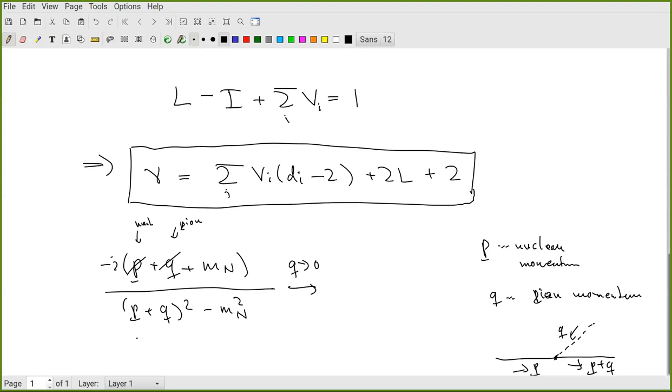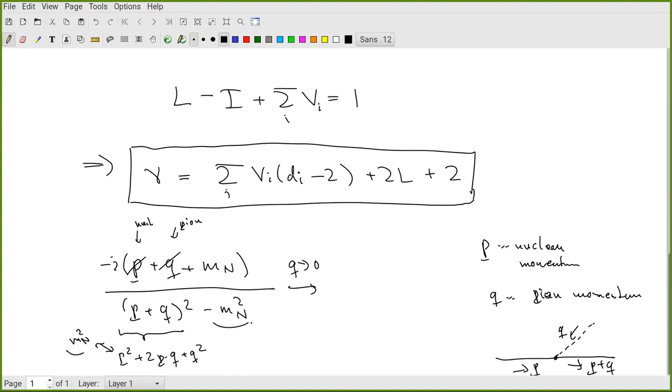So if we look first at the denominator, P squared, okay, so this is P squared plus 2P dot Q plus Q squared. P squared is actually just M nucleon squared. It's just the four-momentum squared, that's M nucleon squared.